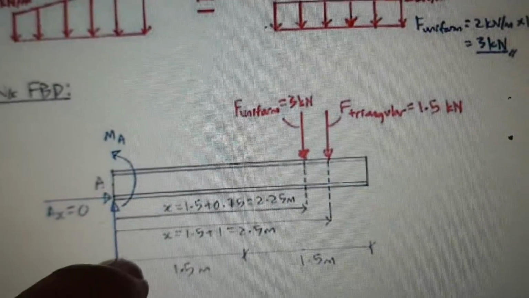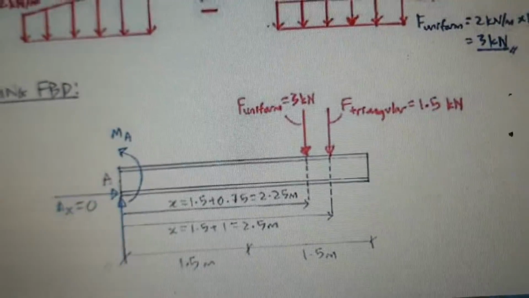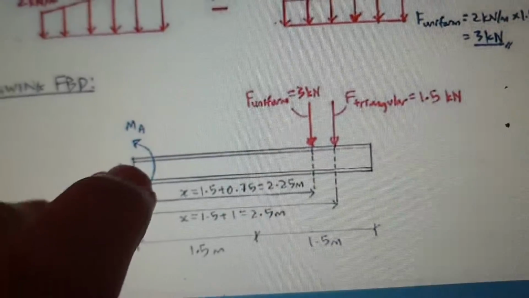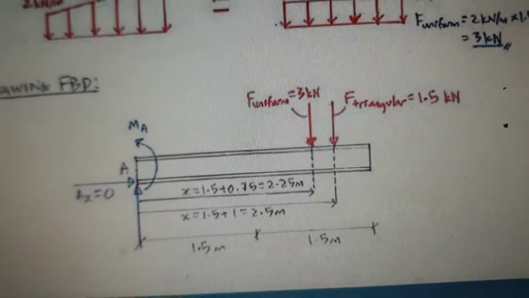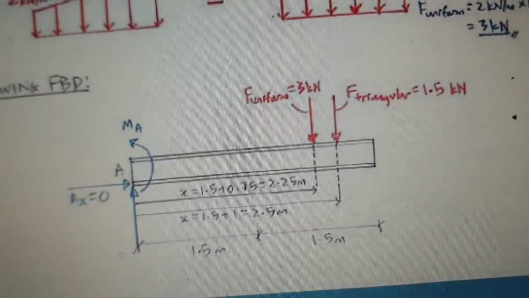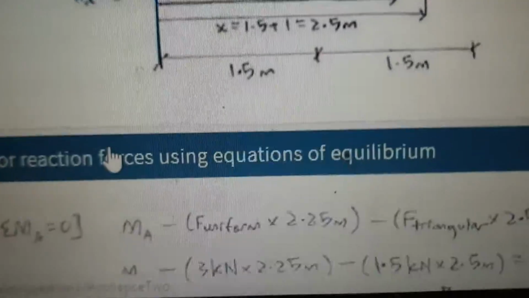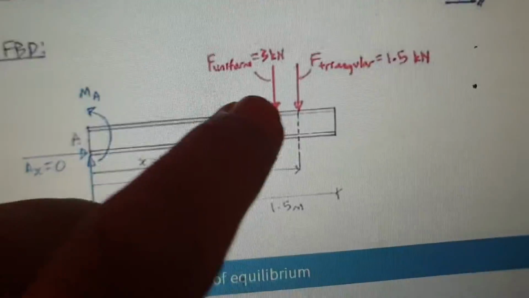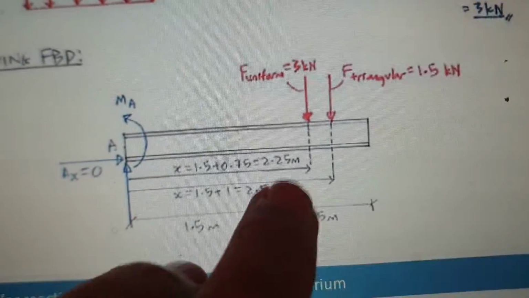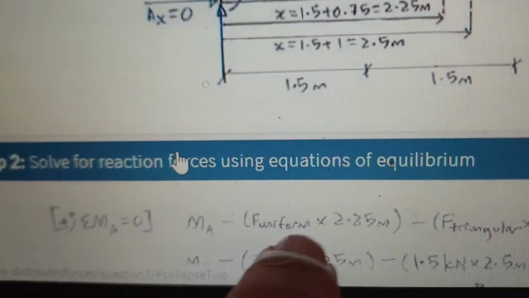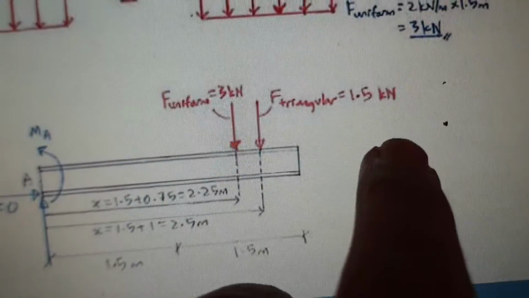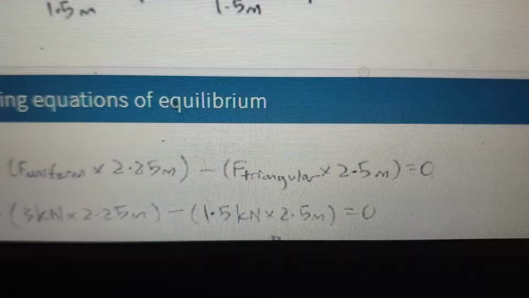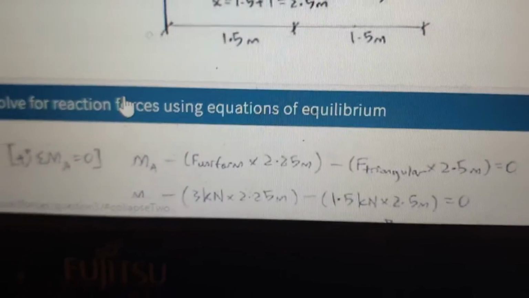Now we have the reaction AY and this moment, so the best is to find moment at A. Moment at A is going to be positive. Remember, this is going to be negative 3 times 2.25, and also negative 1.5 times 2.5, equal to 0. So this is the moment.